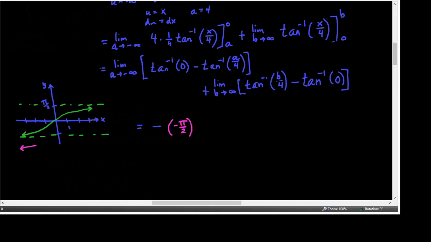Okay, plus tangent inverse of infinity over 4 is basically as x increases without bound. So as x goes in this direction, what is the y value it's approaching? And of course that answer is pi over 2. And again, tangent inverse of 0 is simply 0. So our final answer is pi.